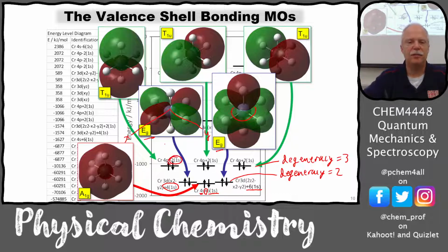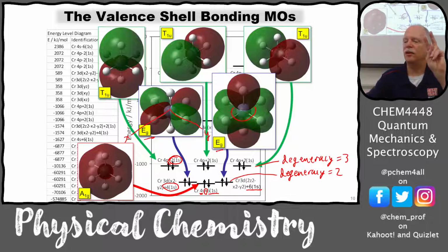Because it's plus 2, it means it's in phase with only 2 of them, and so that's helping the bonding of two chromium hydrogen bonds for each one of these. So we have 2 electrons in each of these molecular orbitals, and we have 6 bonding molecular orbitals.